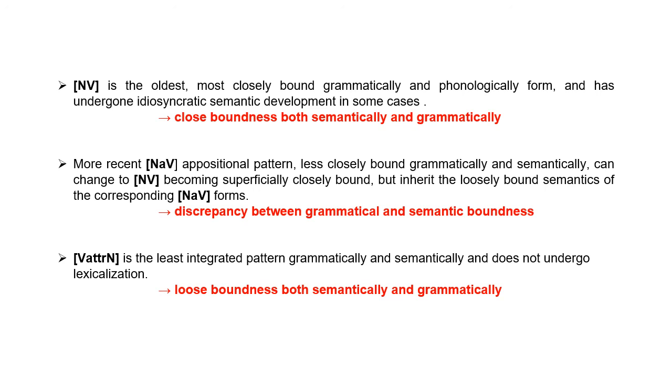Then the probably more recent noun plus nominalized verb pattern is less closely bound grammatically and semantically, but as this may turn into noun plus verb in colloquial language, this can lead to a discrepancy between the grammatical and semantic boundness, because it looks like it's grammatically more bound, but semantically it's still free in the way that it's fully transparent without idiosyncratic semantic development.